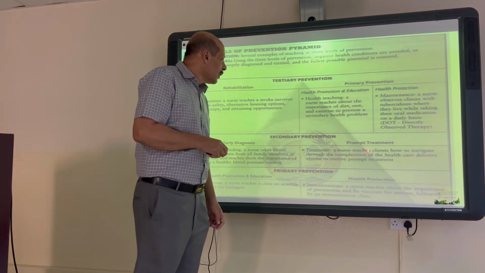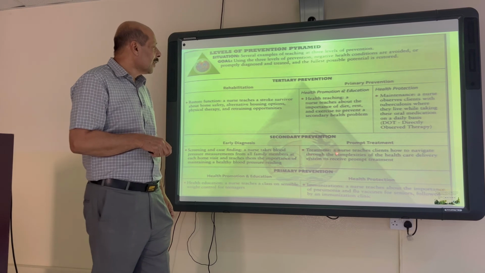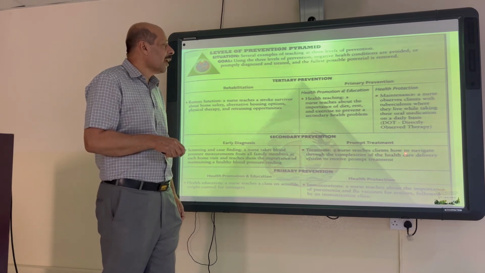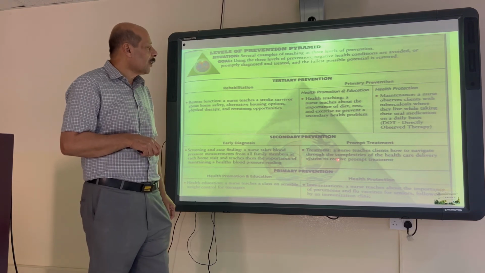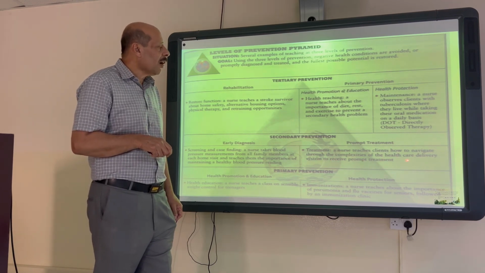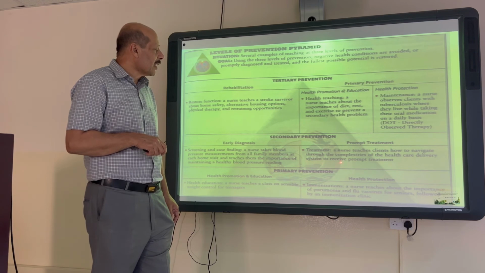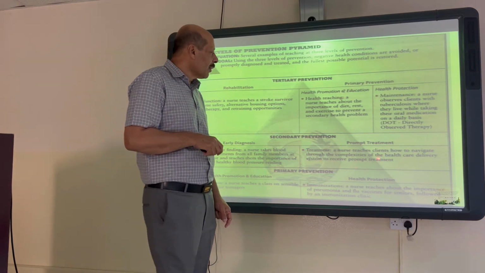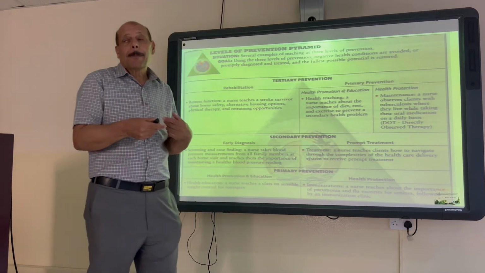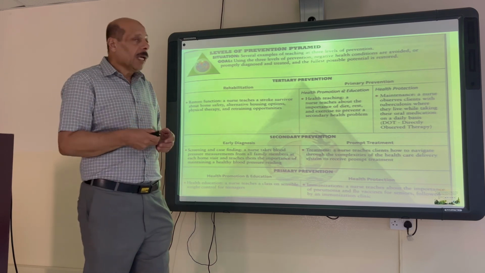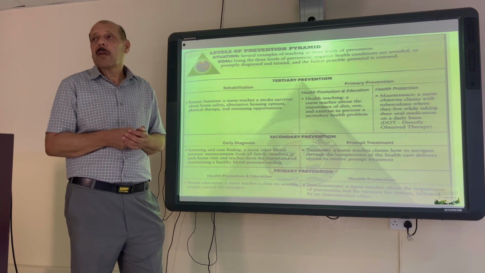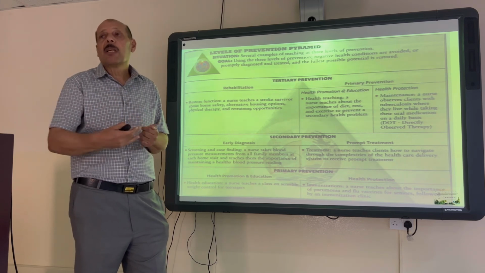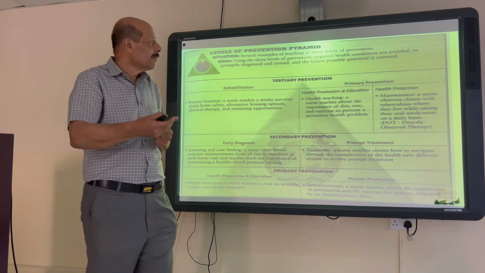Then promote treatment: the nurse teaches the client how to avoid complications of the healthcare delivery system, or receiving, to promote treatment. So here, early treatment also is from the secondary prevention in order to prevent the complication.